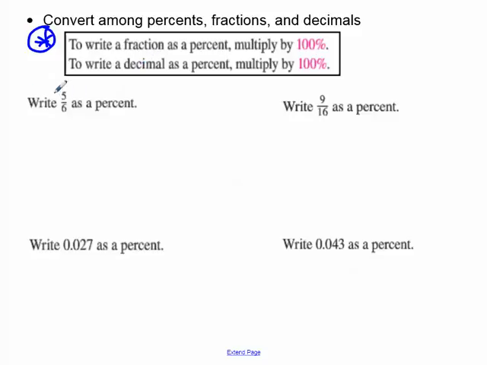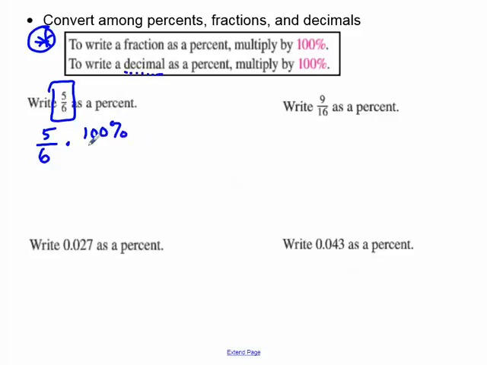All right, so let's take a look at this and say I want to write 5/6 as a percent. It's almost the whole thing. It's almost 100%, but it's not quite. So I'm going to say I've got 5/6, and to write a decimal or a fraction as a percent, multiply by 100%.